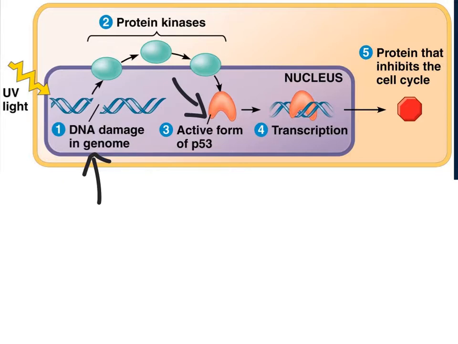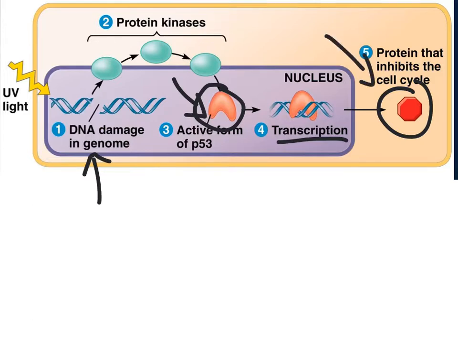And if P53 is active, it will act as a transcription factor and will create a protein that stops the cell cycle from happening. However, if there is a mutation and this protein is not made correctly, we're not going to make this protein that inhibits the cell cycle, and therefore cells are going to grow and divide even though they have damaged DNA.